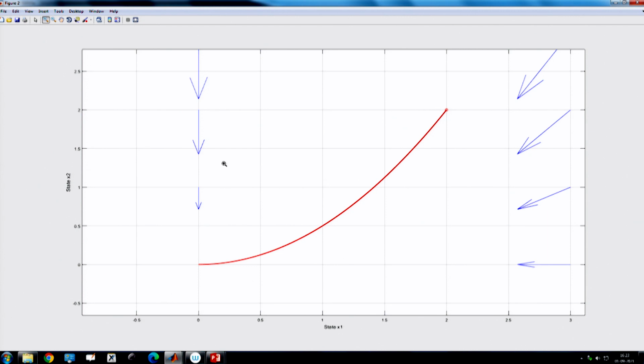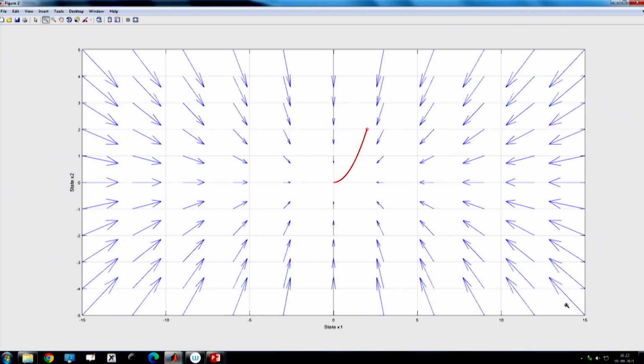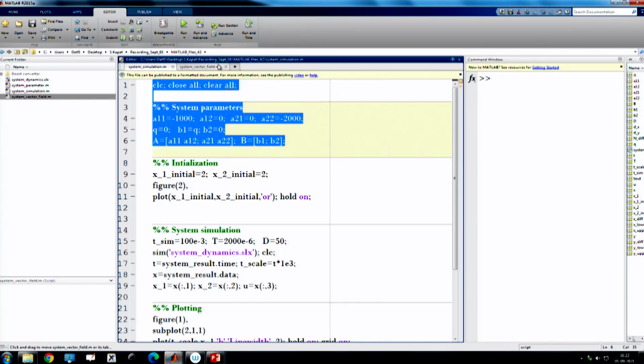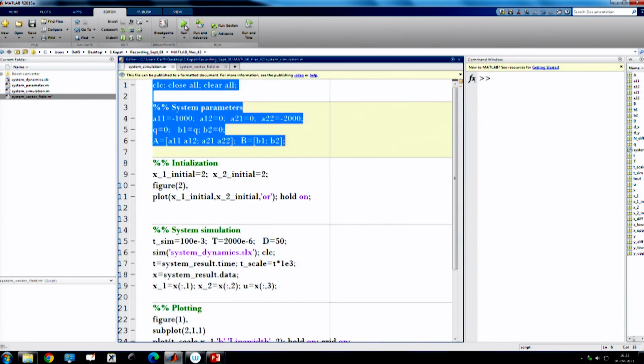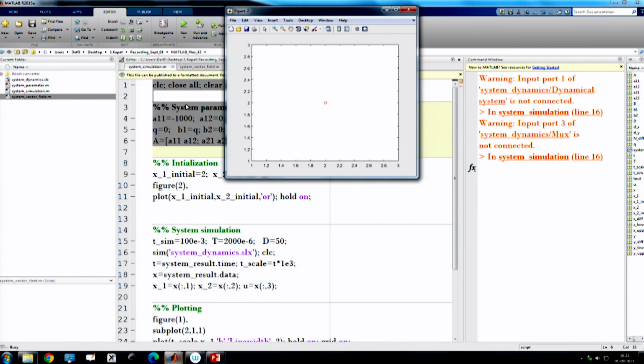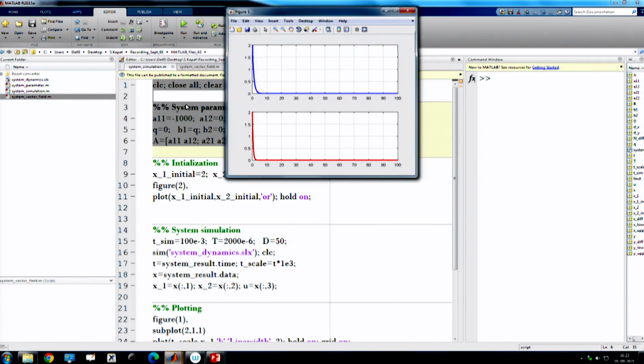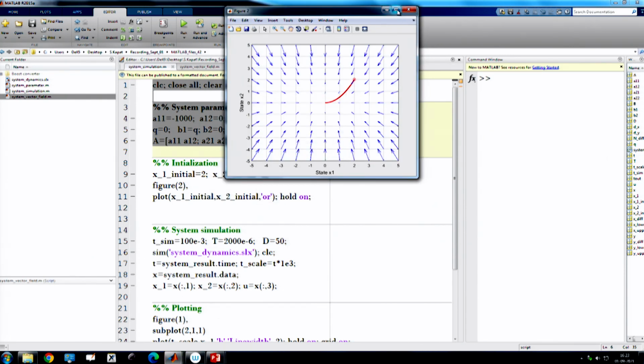Suppose I want to change the direction field range: I make it from minus 5 to plus 5, redraw, and see how the trajectory looks in this plane.